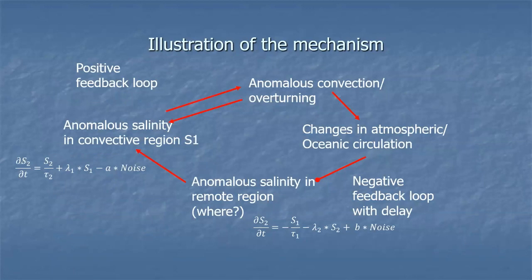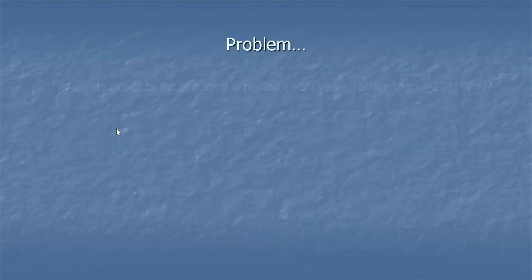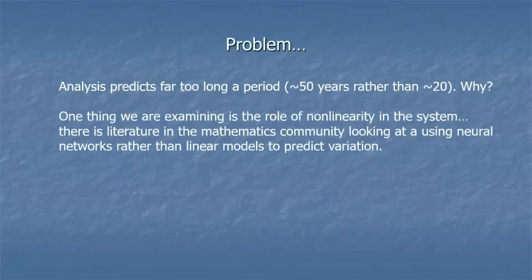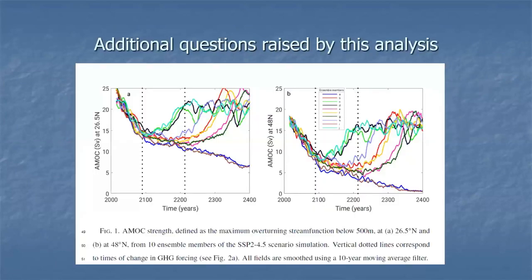Now, again, here's our feedback mechanism. Anomalous salinity in our convective region seems to be associated with anomalous convection and overturning, which produces changes in the atmospheric and oceanic circulation, which produces anomalous salinity in a remote region, which feeds back. And so there's a delay oscillator again. We're still trying to figure out how this works, but the basic idea is similar to what we saw in the Southern Ocean.